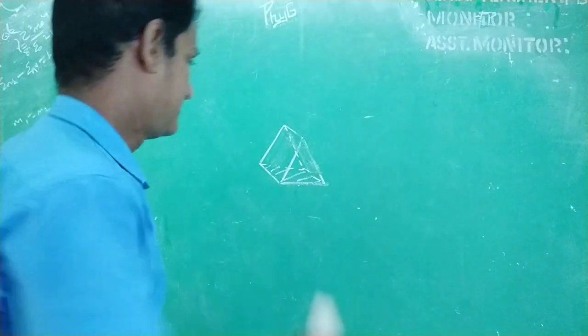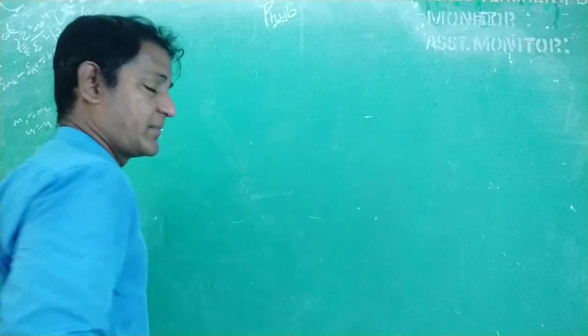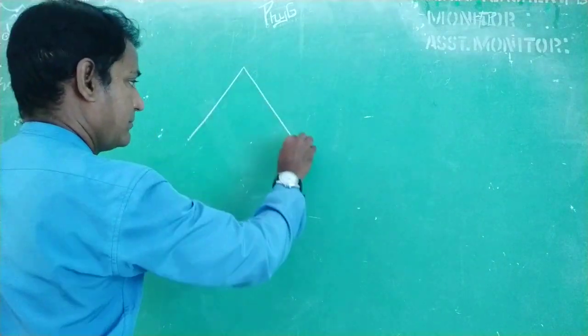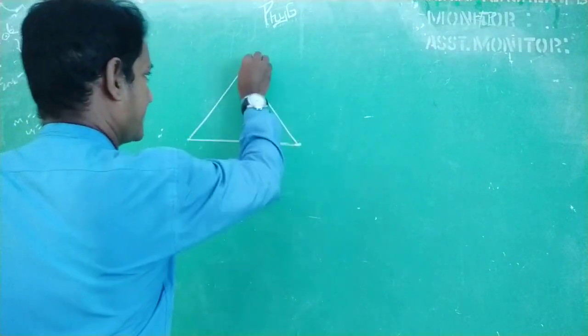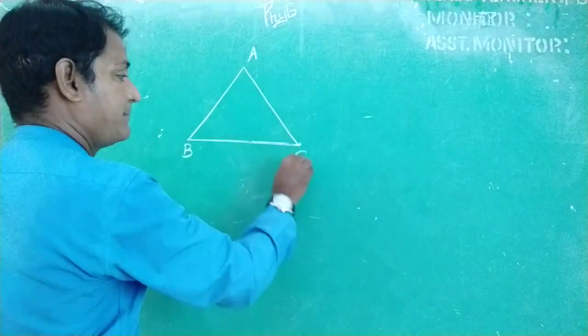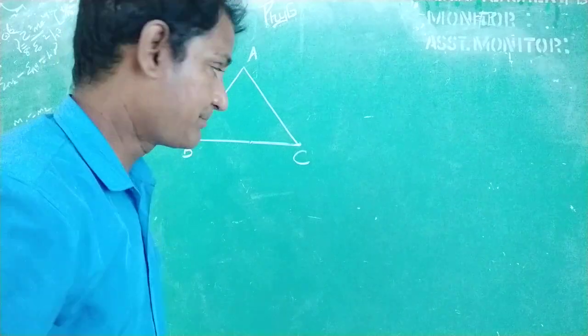Now in 2-dimensional view we are going to draw. A is called the angle of the prism, here BC is the base of the prism.